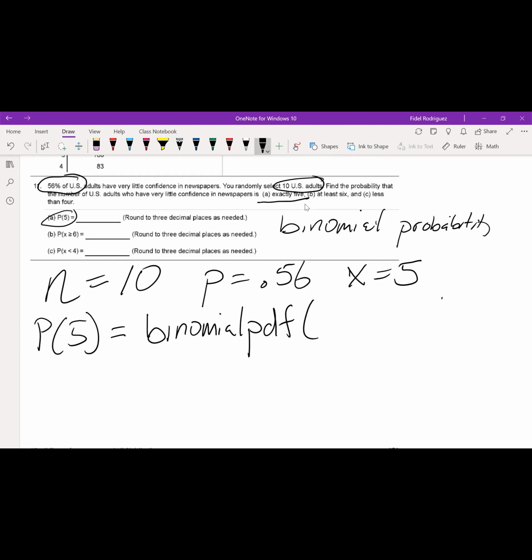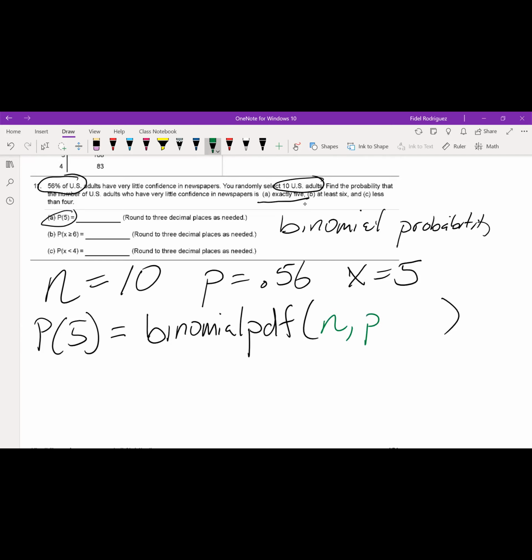When we do the binomial PDF, I'm going to check something real quick, y'all, on my calculator app, because I want to make sure that I'm telling you the right way. It's probably been just as long for you guys as it's been for me since I've done binomial PDF, a few weeks back. Yes. Okay, so binomial PDF, y'all, we're going to have three numbers.